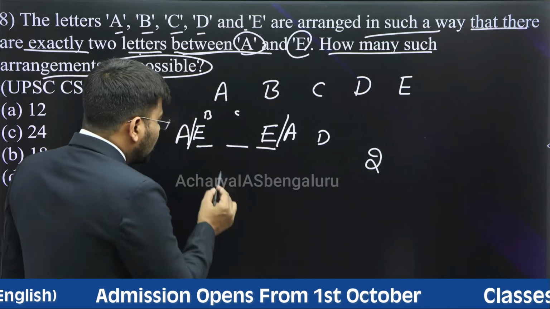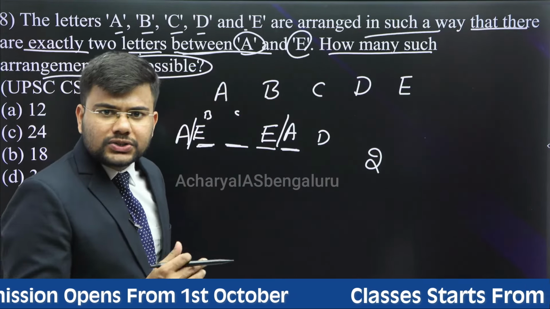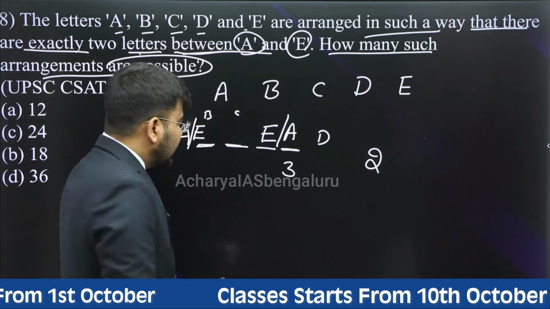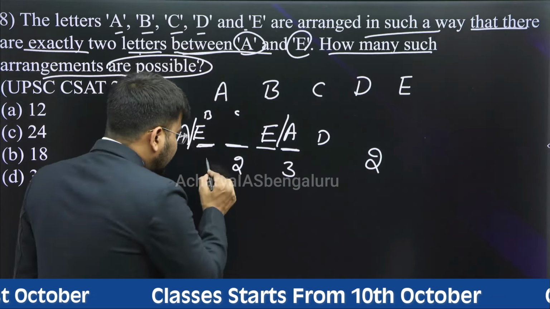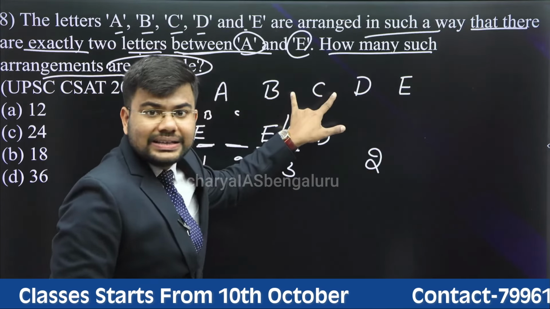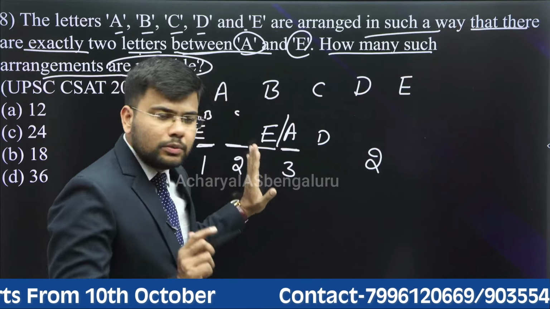Now coming to the 3 middle places. These 3 letters can be arranged in how many ways? Here I can put 3, here I can put 2, here I can put 1 letter, because I will be left with only 3 letters if I leave A and E. Hence, first I will put 3. If I put one, I will be left with 2.